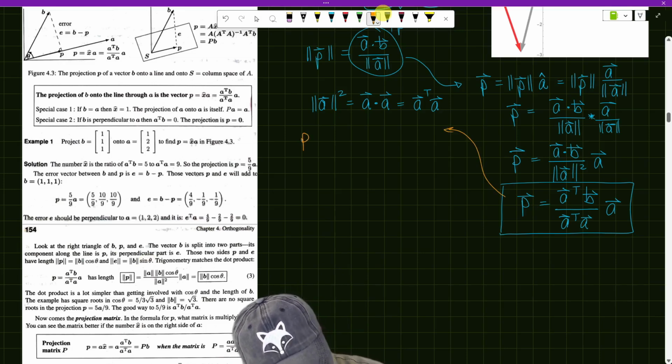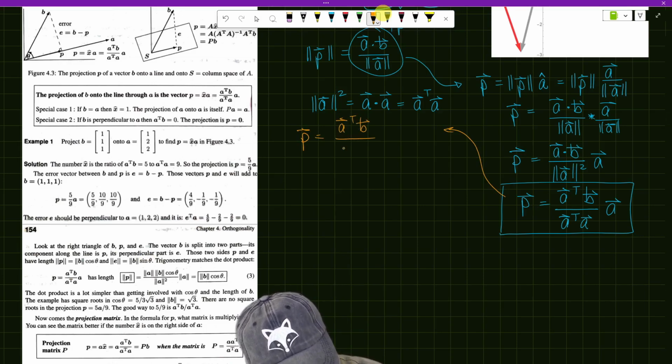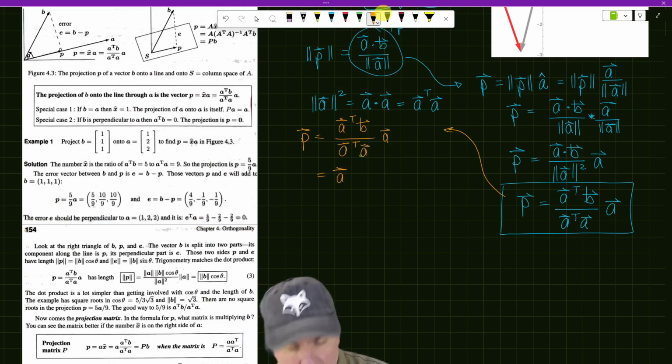So the p vector is equal to A transpose B divided by A transpose A, all multiplied times the A vector. I can rewrite this because, of course, this piece is just a scalar.